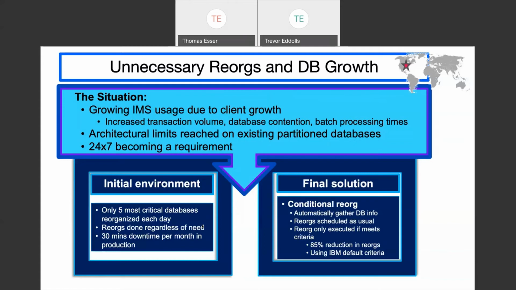So this is, you can imagine, a very good example to save MSU consumption and to save money. All the tools you need to run this are in the IMS database solution pack. This is the high performance unload, high performance load, the secondary index utility, the image copy, and all the other tools coming with this solution pack.